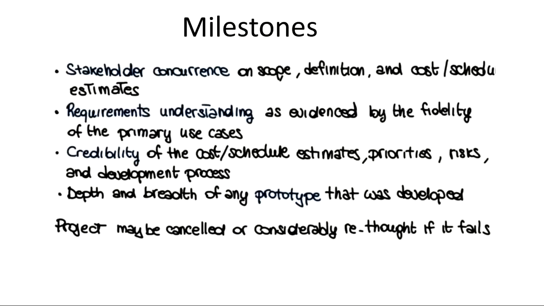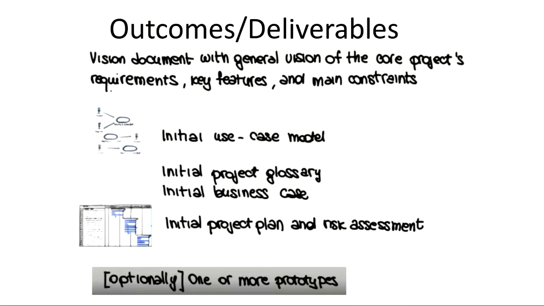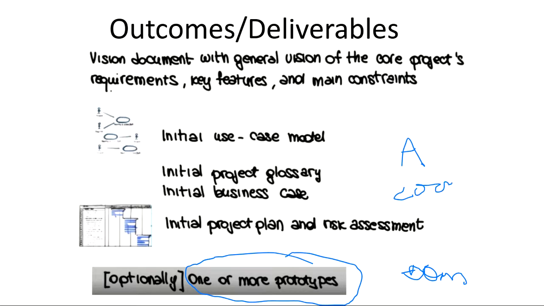And this thing is optional, one or more prototypes. This depends on whether you have made this kind of project earlier or not. Suppose, with this Domino's example, you are given this Domino's project, and in the past you have made a Domino's project for two parties, for party A in 2000 and for party B in say 2010.